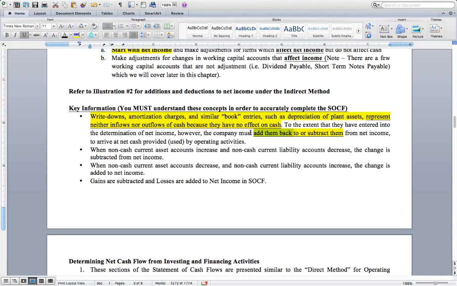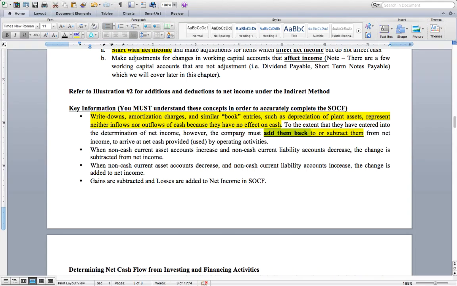So your first two steps, and the easiest things to remember: if you start with net income, because net income reflects the expenses, if you had depreciation, it decreased your net income number. Therefore, you need to add it back because it is a non-cash transaction and it has no effect on cash.